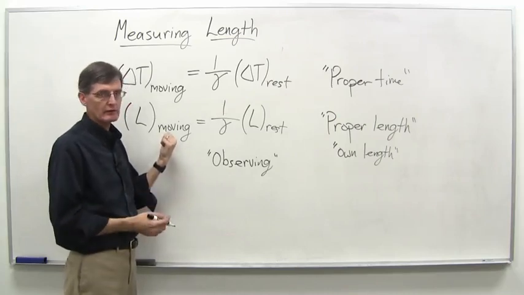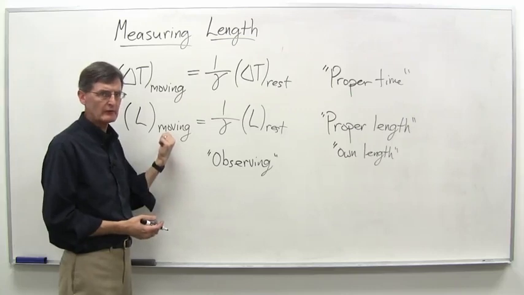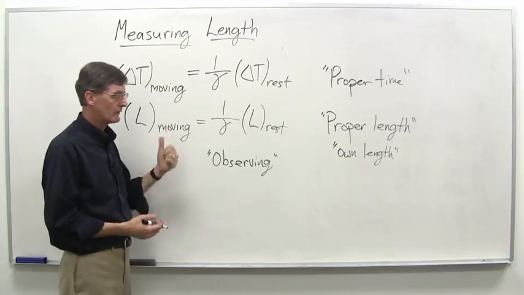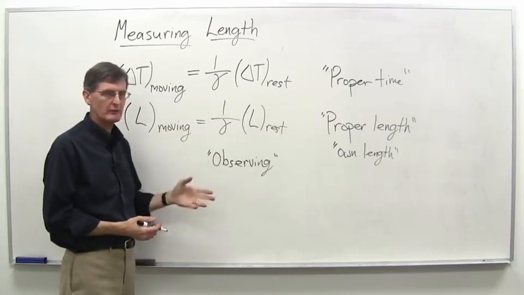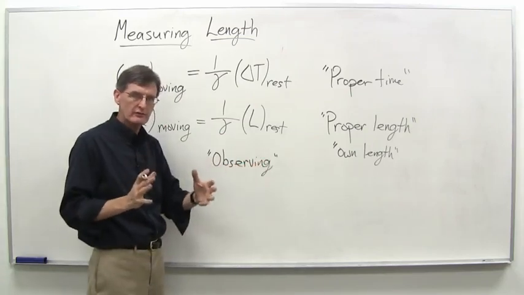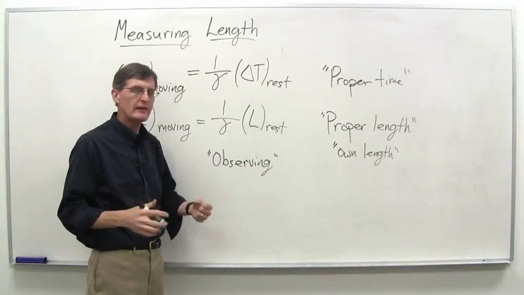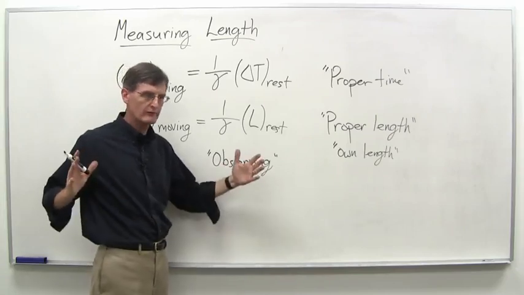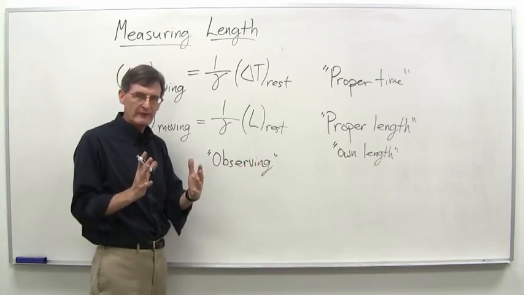A little later on in the course, maybe the last week or the next to last week, we'll look at this in a little more detail, because again, you can ask, do things really compress like that? If Bob is riding in his spaceship, does he all of a sudden feel compressed?